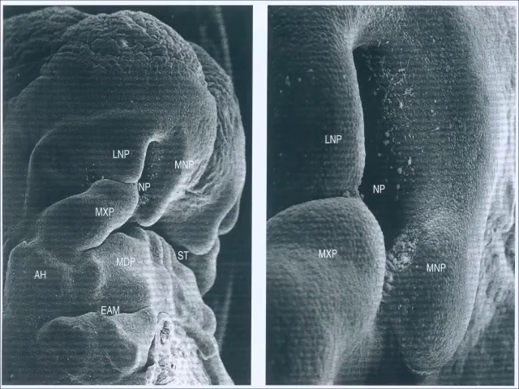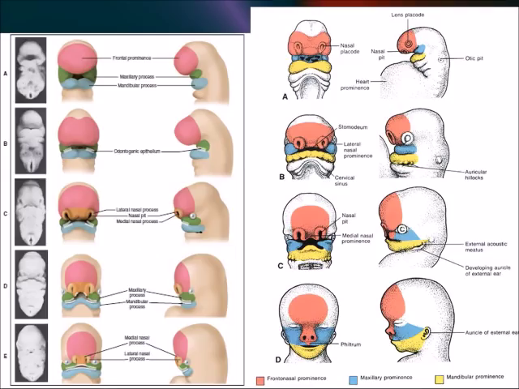This is the scanning electron microscope. Here is the lateral nasal process. Here you can see the nasal orifice, and you can see the medial nasal process, and here I can identify the maxillary process. These are the stages that we have said earlier.